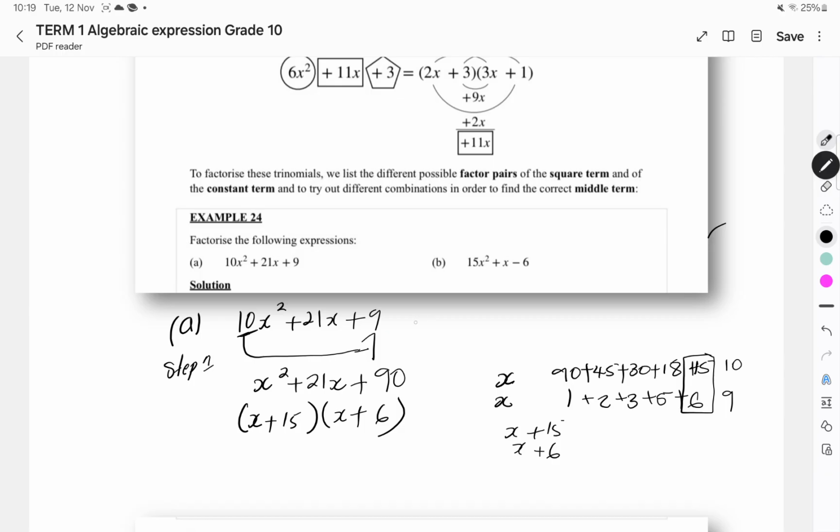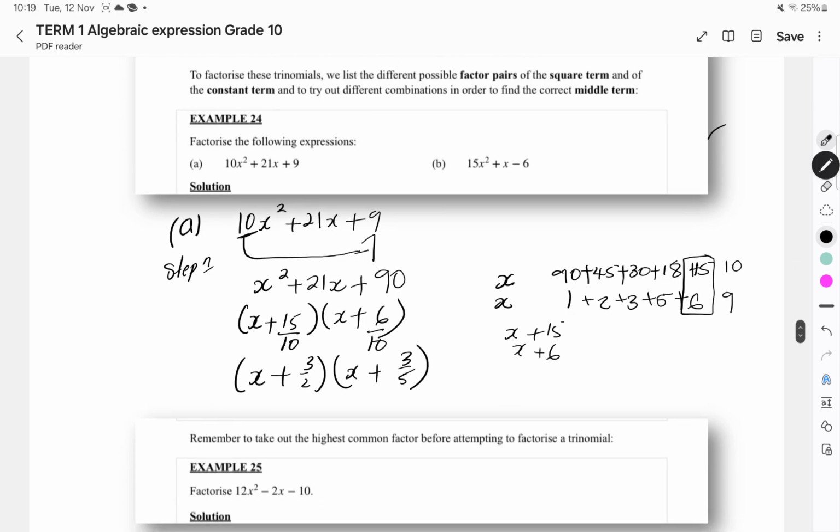Then remember we multiplied again. Whatever answer we got, we divide by 10. So x plus 15 divided by 10 is 3 over 2, and x plus 6 divided by 10 is 3 over 5.